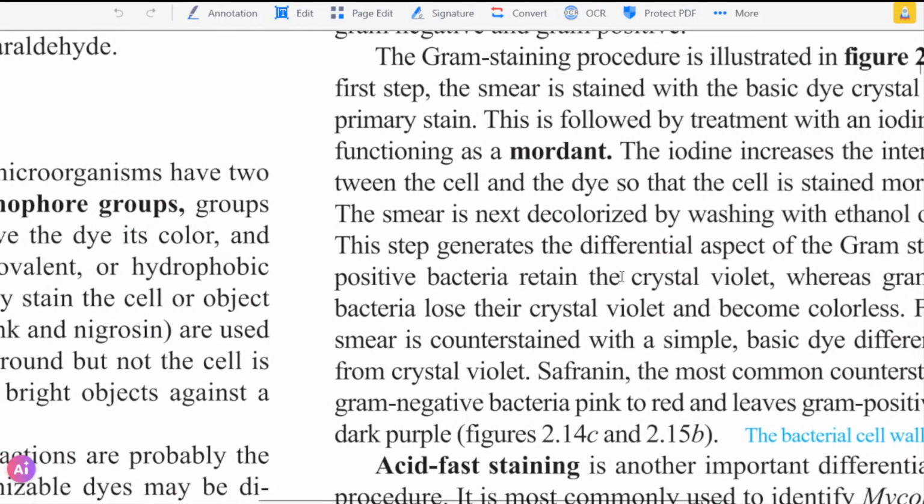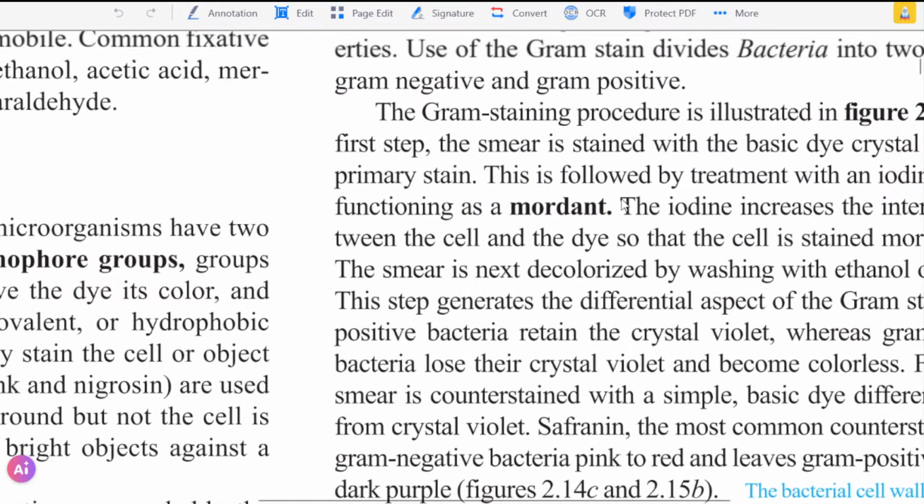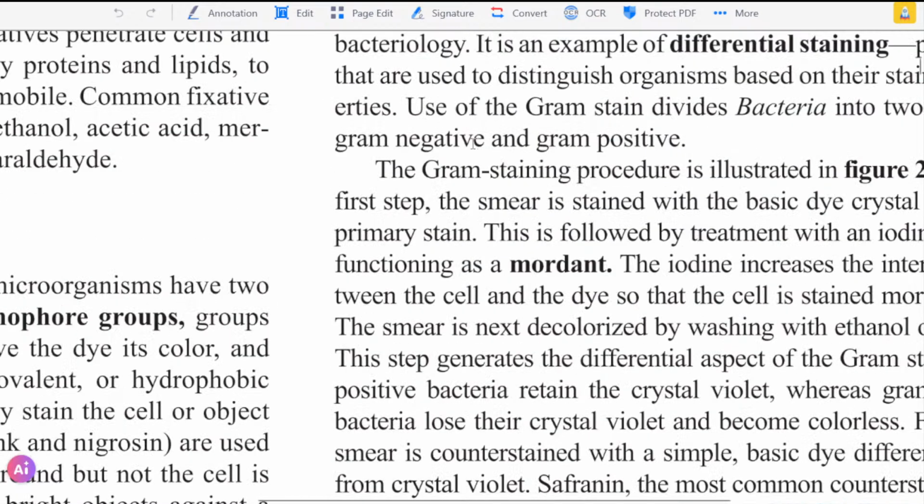Usually positive staining means we stain the cell. That's the normal process, so it's positive. When we do the opposite, staining the background and not the cell, it becomes negative staining. But in gram staining, both gram positive and gram negative bacteria are stained positively. Both stains go toward the cell, not the background.